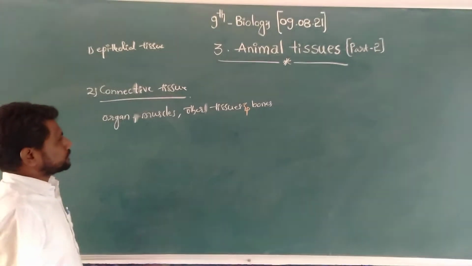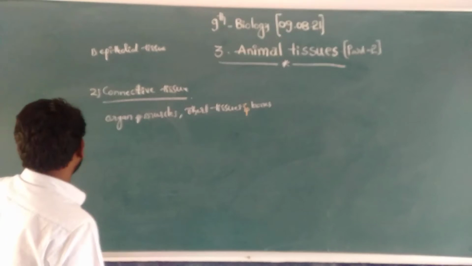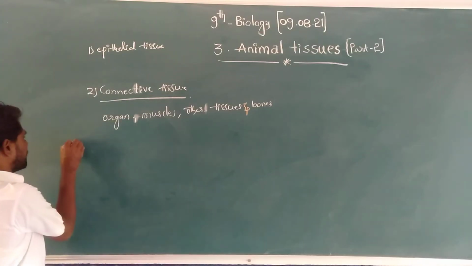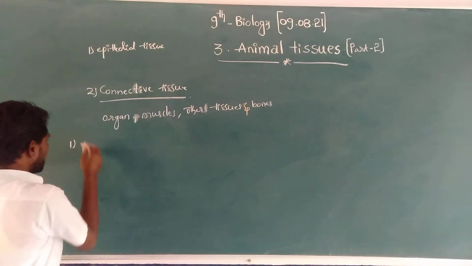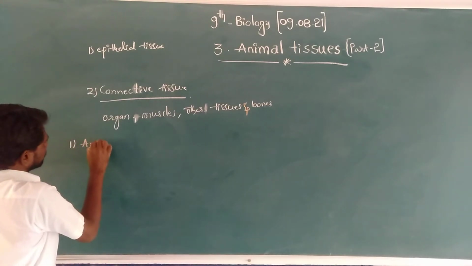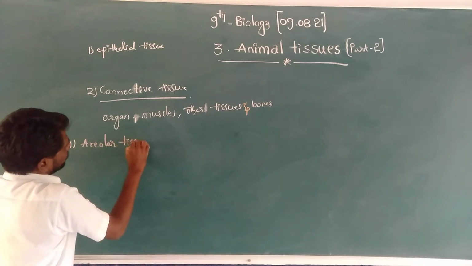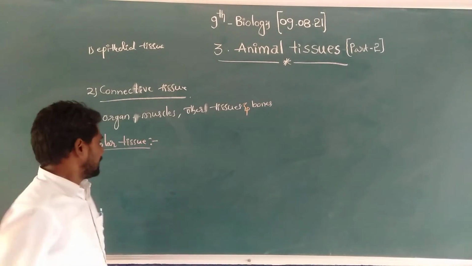According to your book, 6 connective tissues are there. We have to discuss them one by one. The first one is areolar tissue. What is areolar tissue?